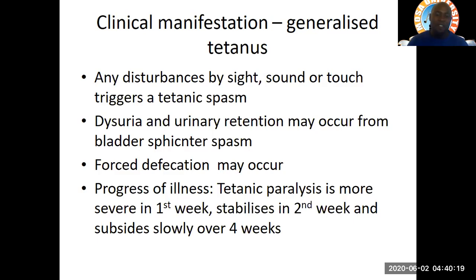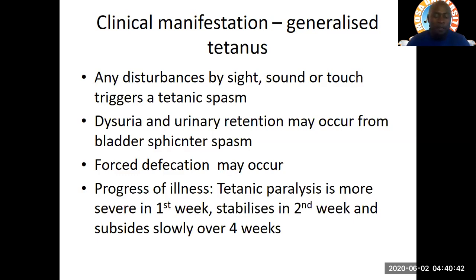Okay, so if there is progression of this illness with the effects of the toxins, you find that the paralysis, since it's still generalized, is more severe in the first week. But with treatment and interventions, we expect this neonate to stabilize by the second week.